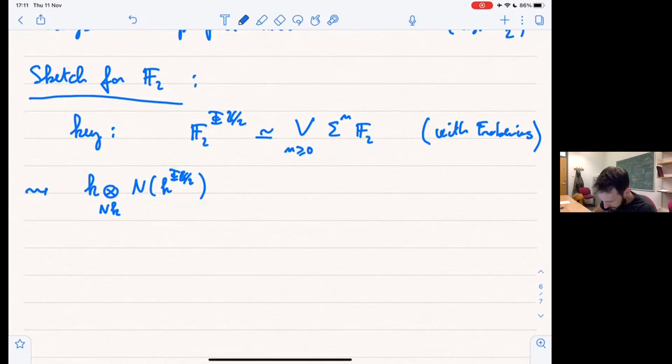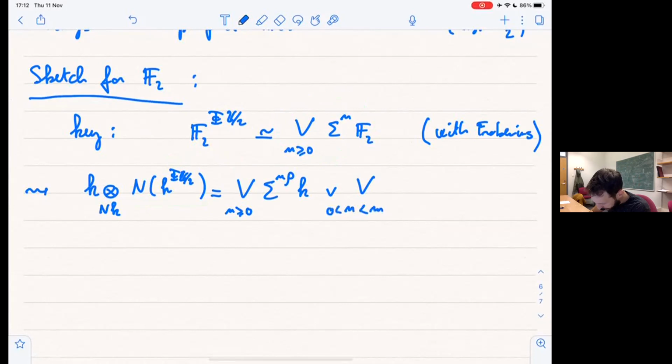You find that this is equal to a big wedge of things. You've got some suspensions by the regular representation, and then some induced terms. It's going to look like that. Oops, and now I'm writing K. I meant F2.